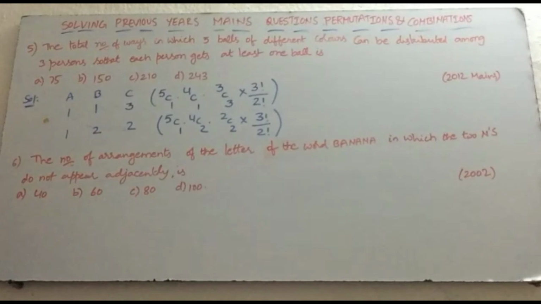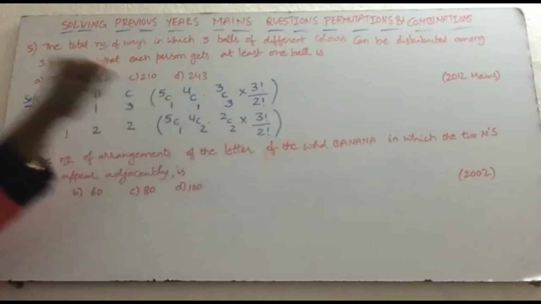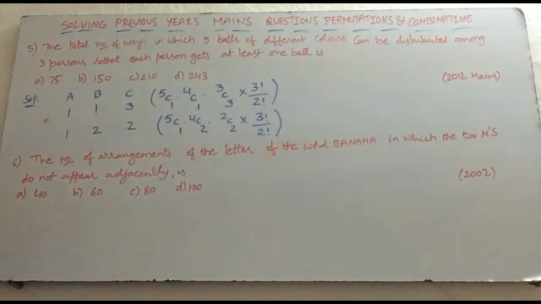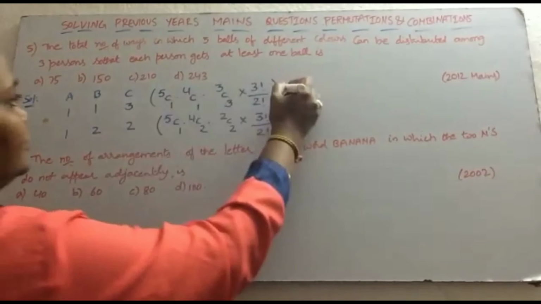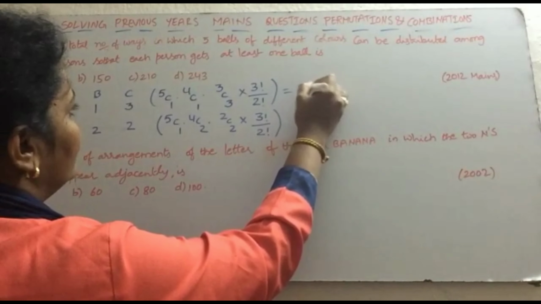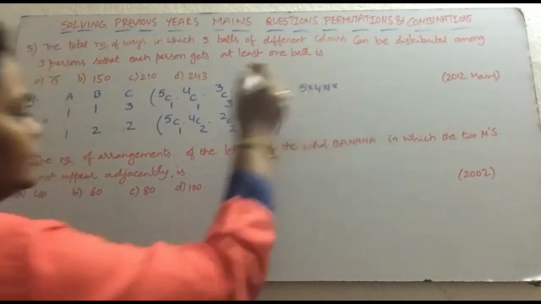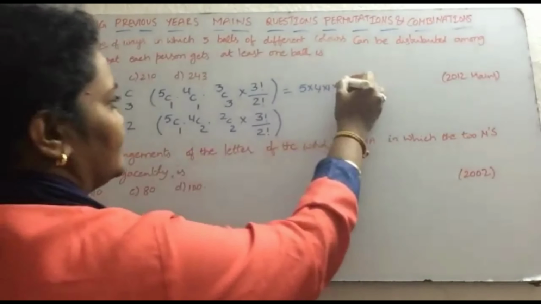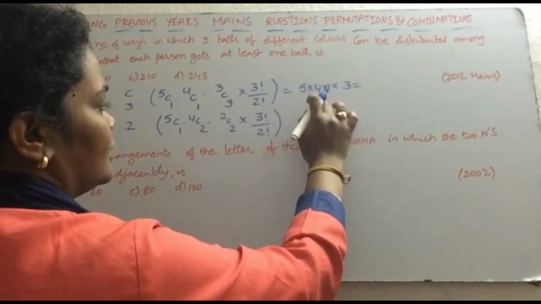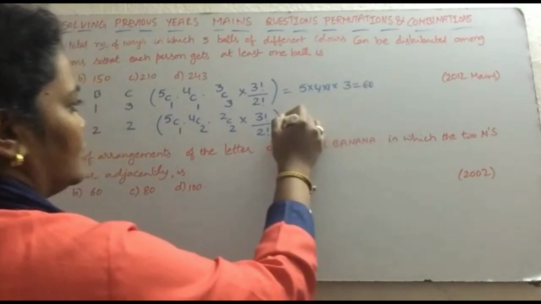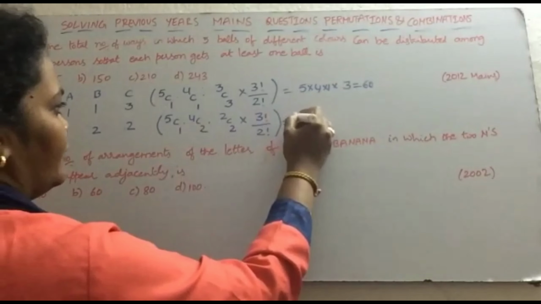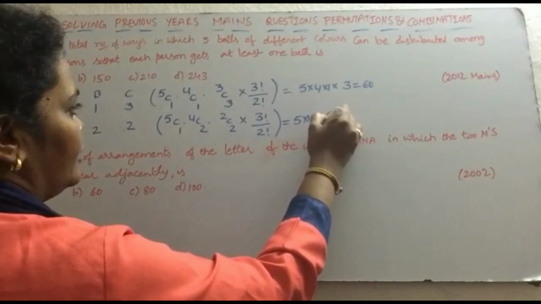So for the first case, 5 into 4 into 1 into 3, that means 60.